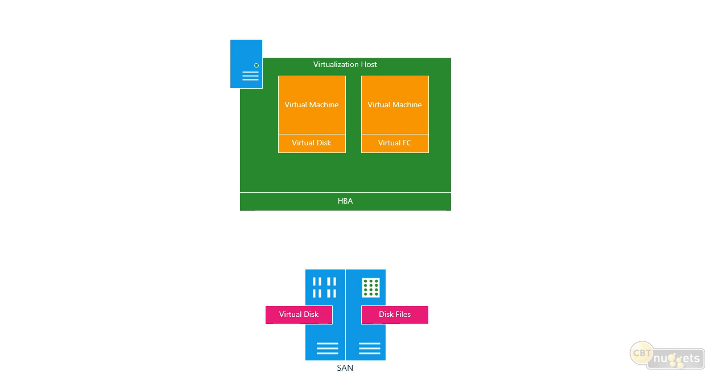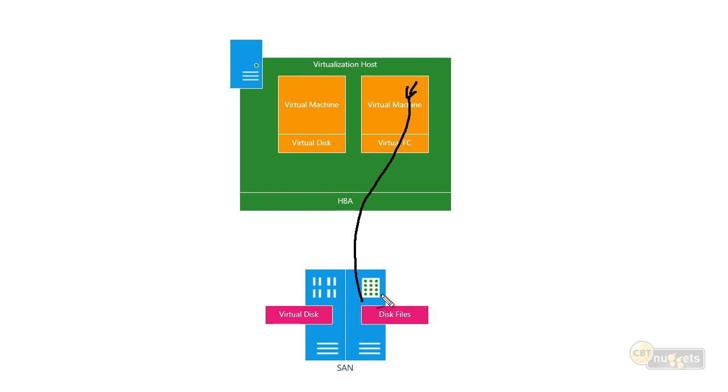So one of the new features in Windows Server 2012 is Virtual Fiber Channel. What it basically does is it creates a virtual HBA inside the virtual machine that is linked to the host's HBA, which in turn talks to the storage area network. So what that means is when the operating system inside the virtual machine needs to write to disk, it's one smooth operation because it is talking directly to the host's HBA.